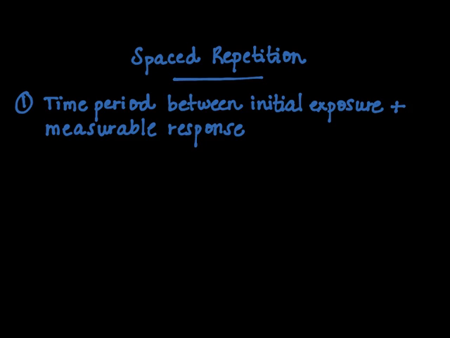Going on to our black screen of spaced repetition to review important concepts within this video. Number 1, what is the time period between initial exposure and a measurable response of a disease? This is called your latency period.